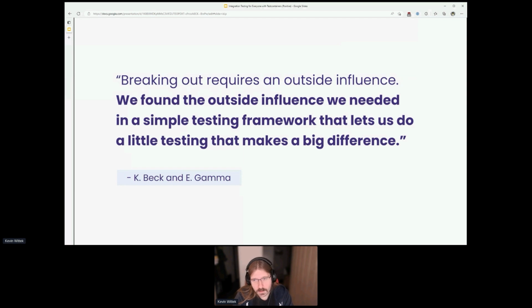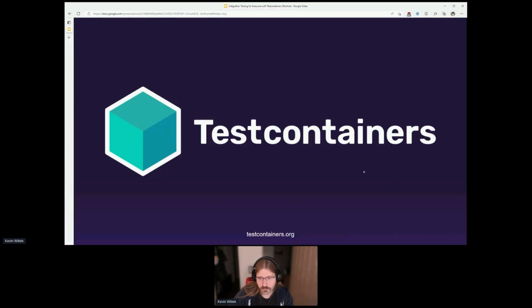And I think something similar is needed for integration tests to be more accessible to developers, and to make developers more productive maintaining, writing, and running integration tests. And now I'd say an open source tool such as Testcontainers is a very good approach and can be such an outside influence that makes integration testing more accessible to developers.